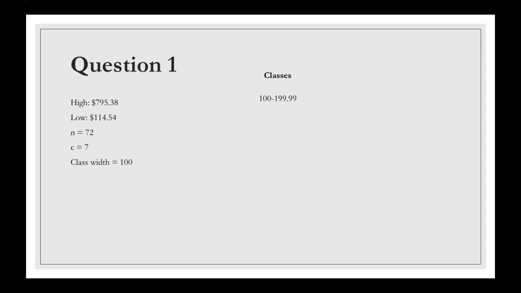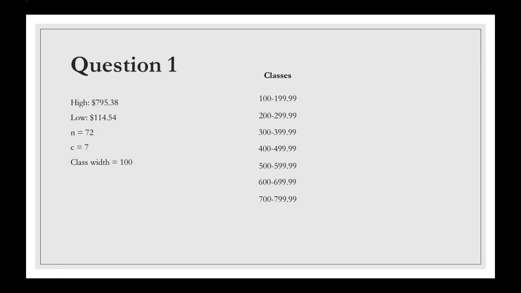But we can't do that here. They need to match our data. So that's our first class. Then we have our next class, our next one. Then we go in the 400s, the 500s, the 600s, and then our final class is 700 to 799.99.